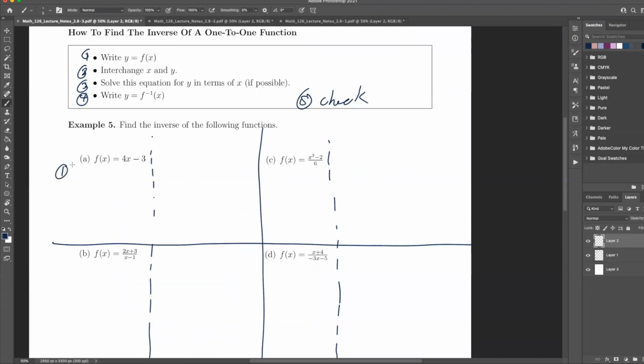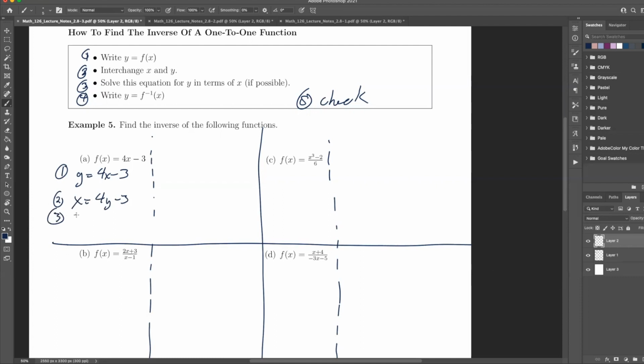All right, so 1. So here we're just going to write this as y is equal to 4x plus or minus 3. Okay, so the first step, just write it as y. Second step here, we're going to switch x and y. So here we have x equals 4y minus 3. And then we're going to solve it for y. So we're going to start at step 3.